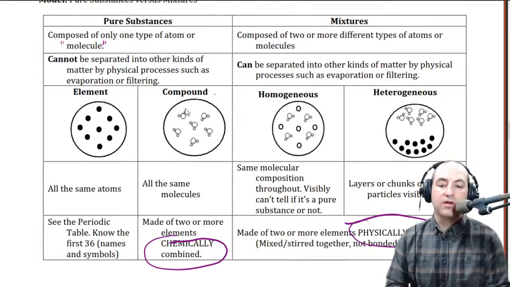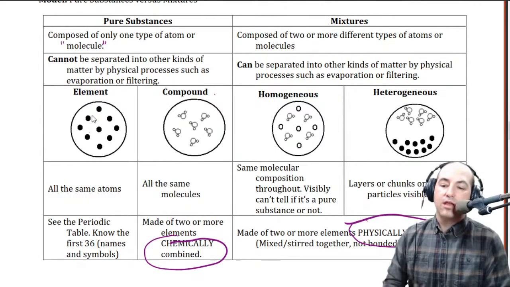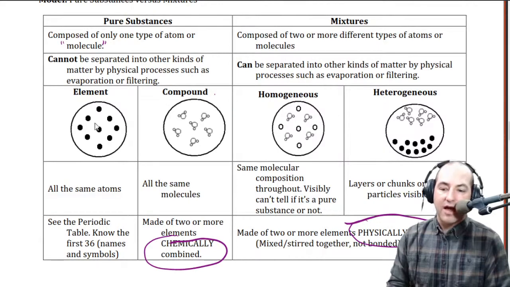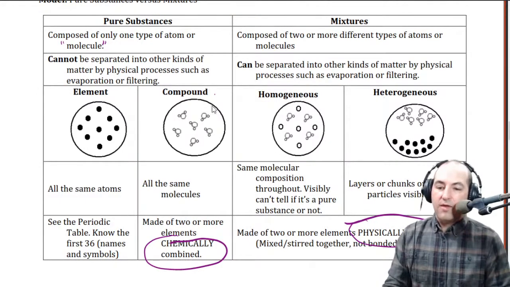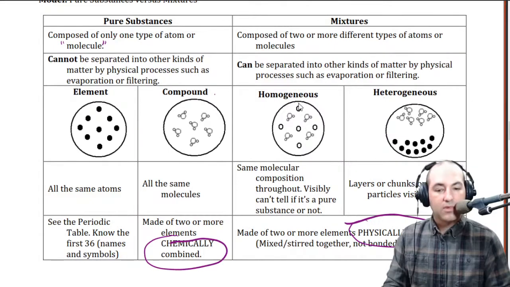And it might help a little bit if we look at these pictures. So an element here shows one single type of atom, and a compound shows one single type of molecule, but made of multiple types of atoms. And then the two types of mixtures both involve multiple types of, let's say, atoms or molecules.